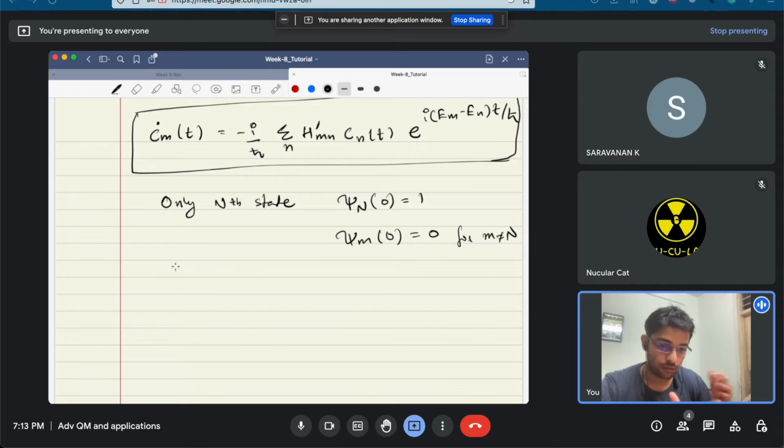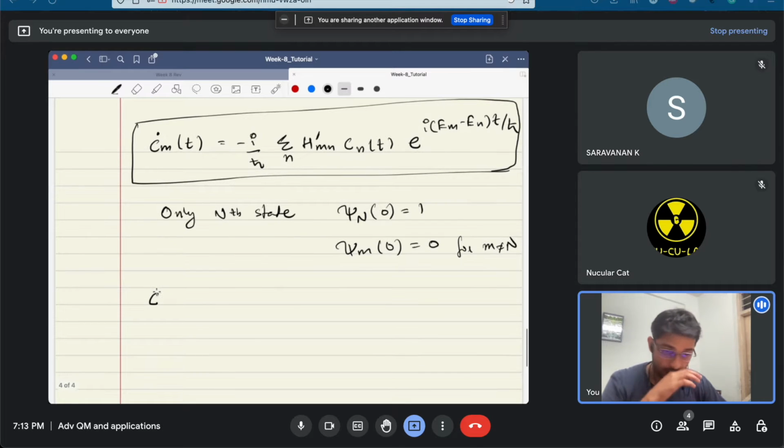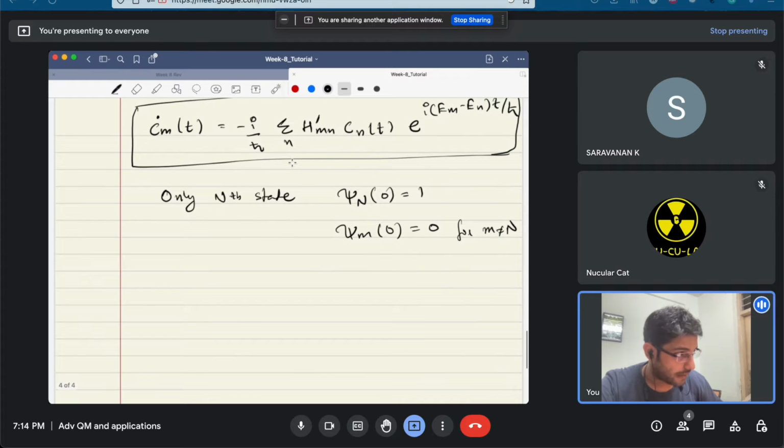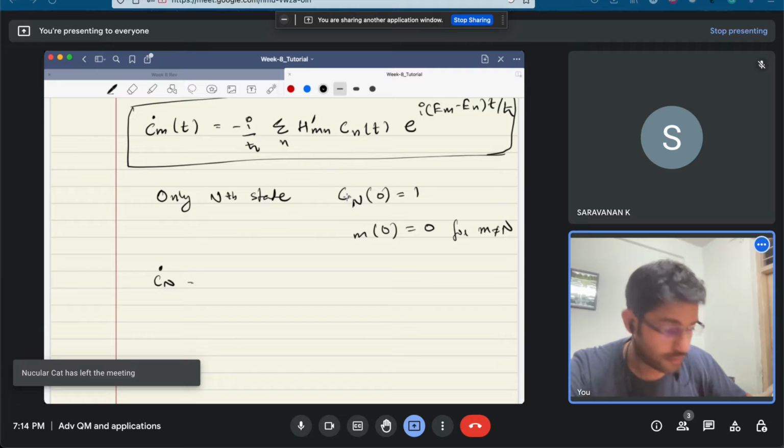So for that we first need to find the Cm and Cn, right? So your Cn dot, now here you can see that in this summation, this is sum over n, and we have the Cn.